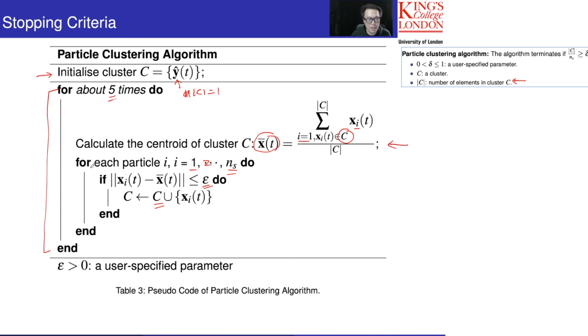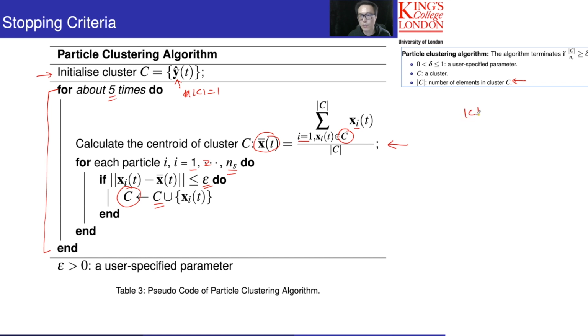We repeat this process and go back to the top until we perform this iteration 5 times, and then we will have the value of C based on the number of members in this cluster.